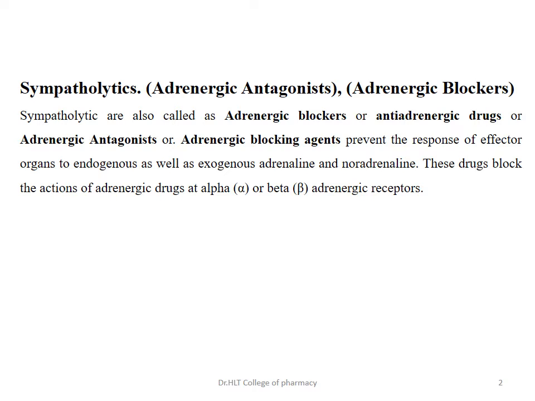The sympatholytic produces the reverse of that action, that is, it antagonizes the effect of norepinephrine and epinephrine, which is called adrenergic antagonist, sympatholytic or adrenergic blockers or adrenergic blocking agents. Sometimes these are also called anti-adrenergic drugs.